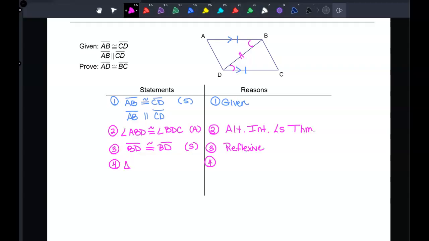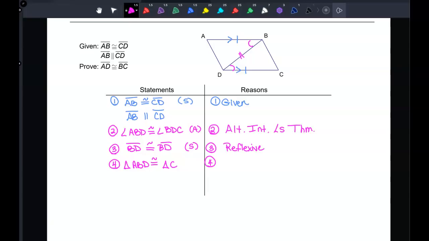So triangle ABD is congruent to triangle. Now we have to be careful. This is something I will check for. The order matters for the triangles. I can say the first triangle any way I want, but then the second triangle has to match. So if I start with A here, I have to start with C.